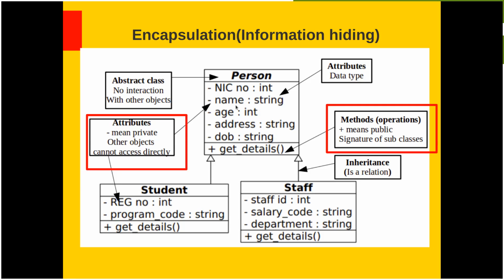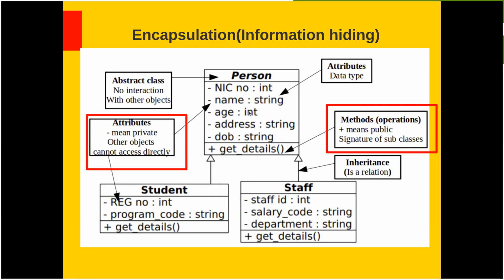If you want to access them from outside of this person class, we have to write other methods, here get details, to access these attributes.